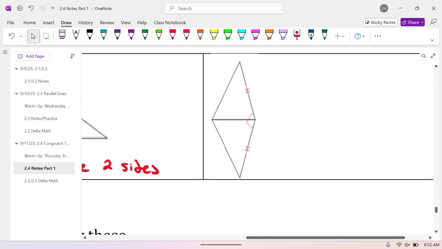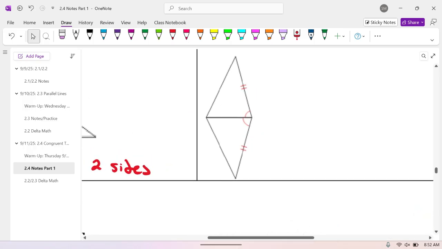Now, this next example, still side angle side. Why is it still side angle side? It's similar to the previous one with SSS. So one more time, they're adjacent, meaning they share a side.